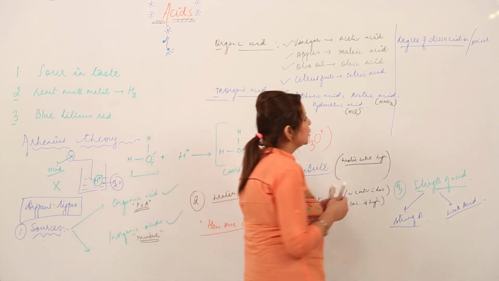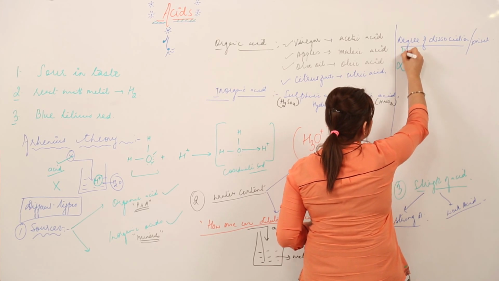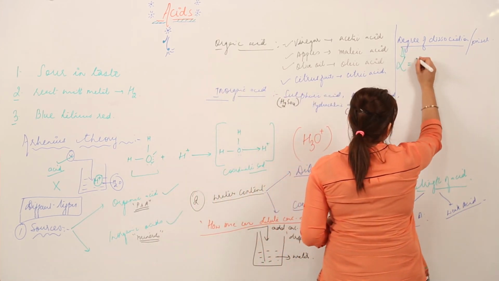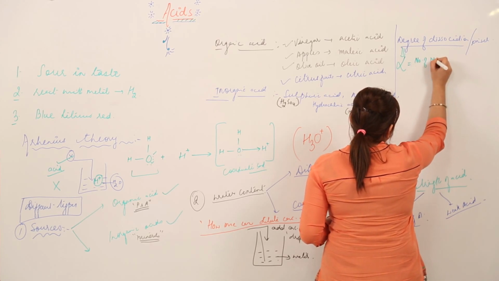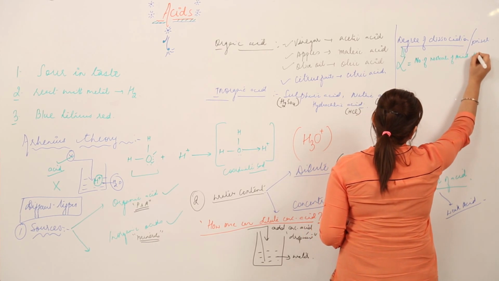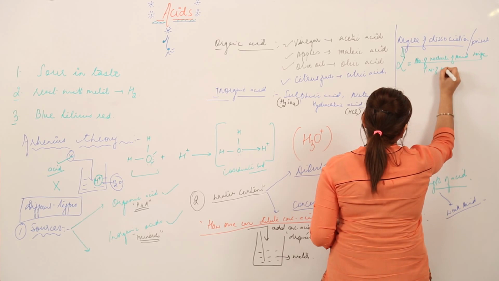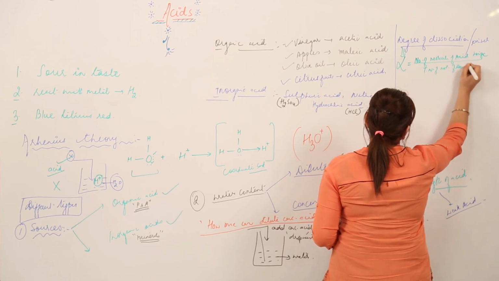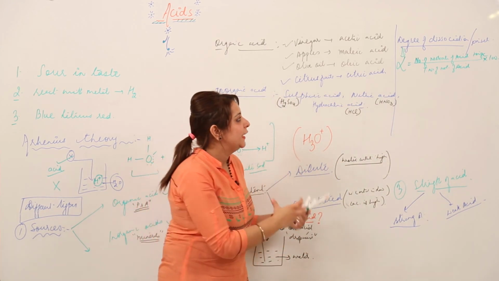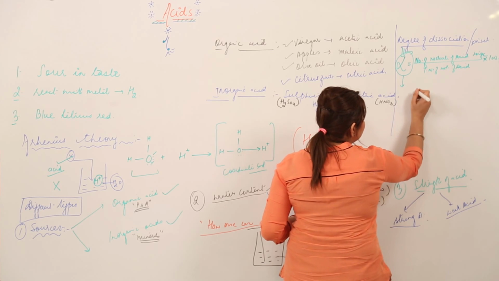This degree of dissociation is indicated by alpha. It is the symbol used for the degree of dissociation or ionization, and it is equal to the number of molecules of acid that get ionized divided by the total number of molecules of acid which we add, multiplied by 100. When we apply this formula, we get the value of alpha.